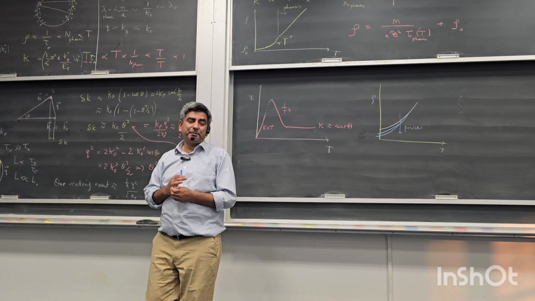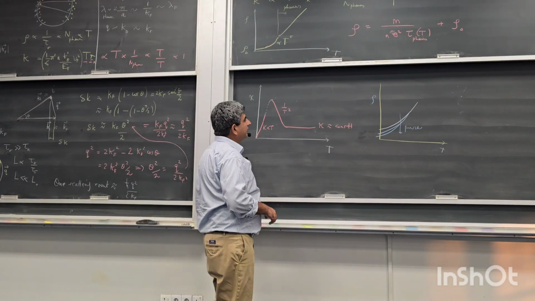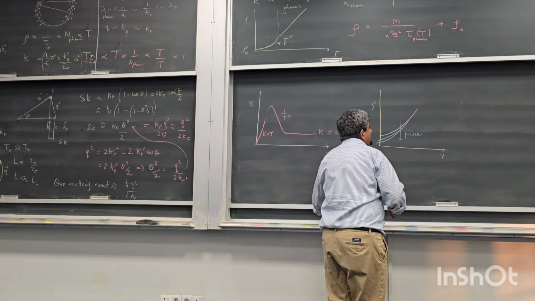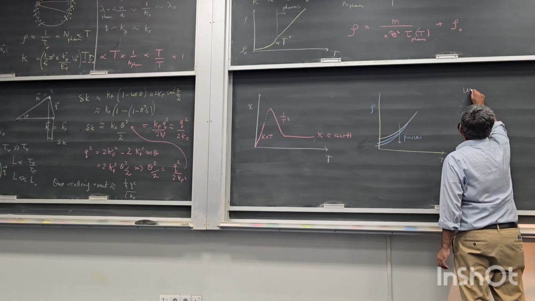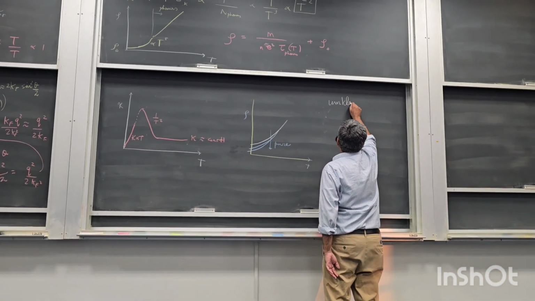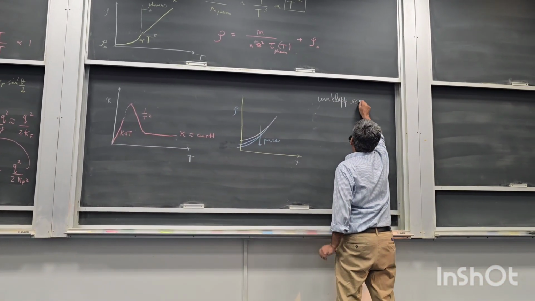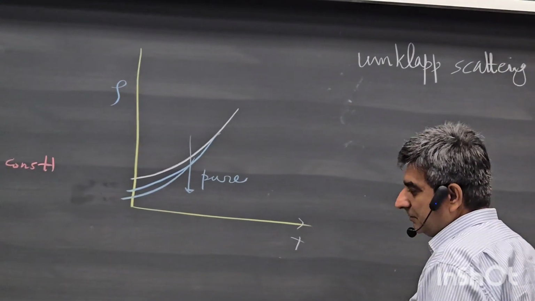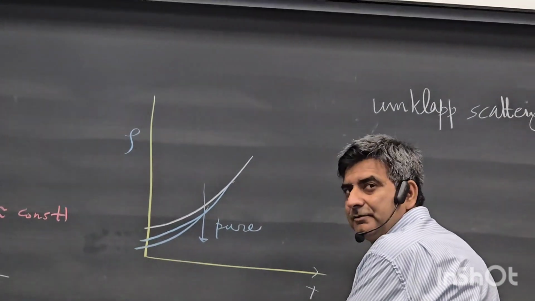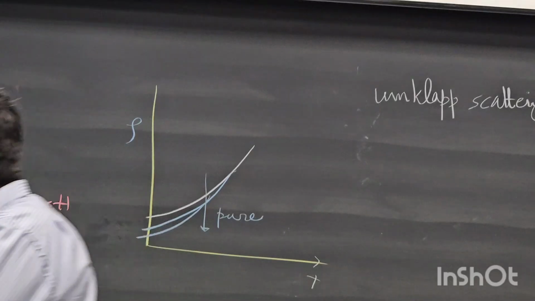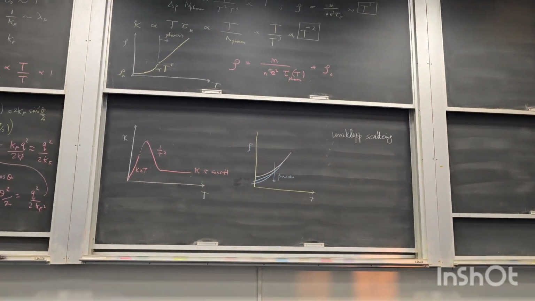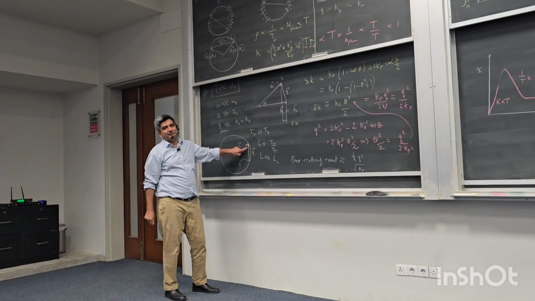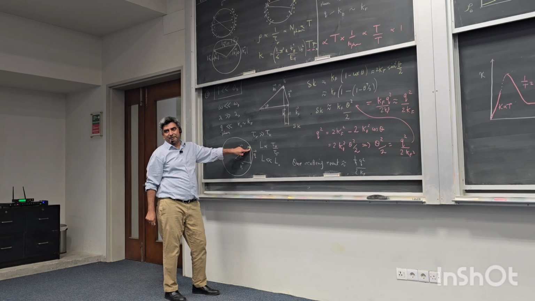Another reason could be this process called Umklapp scattering. Now here you observe that a phonon has a short wave vector.